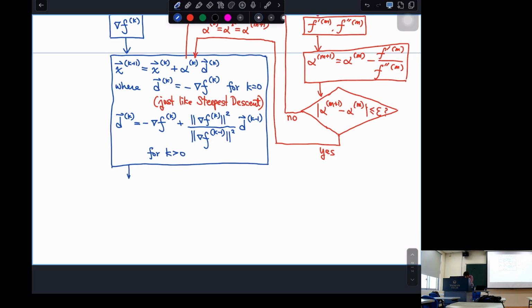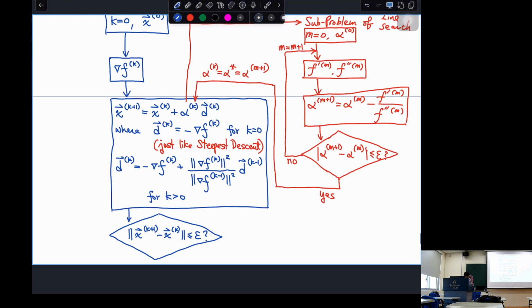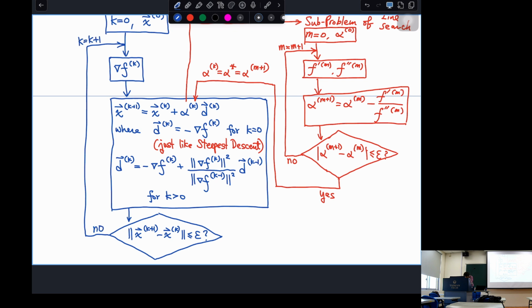You will do the convergence check by comparing xk plus 1 and xk and see if it's smaller than a small number. If not, then go to here, and the index number advances by 1.